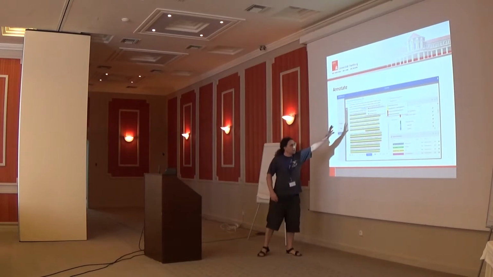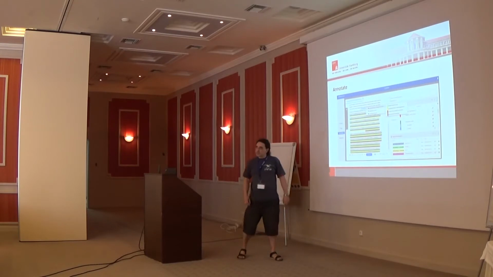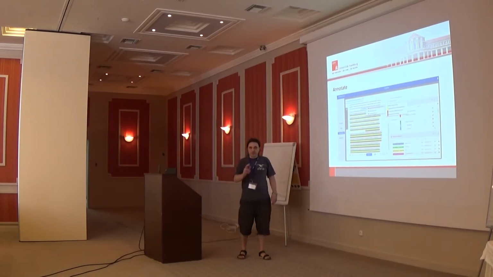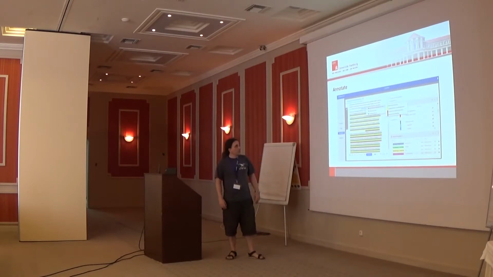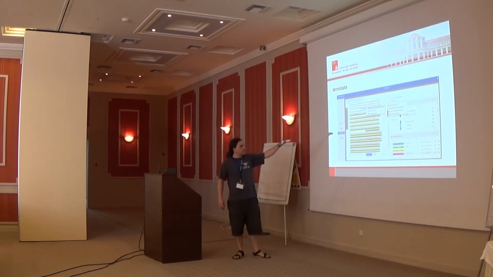So here's the text, which is currently at work, and the user just selects one or more sequences of text and applies a tag from the mouse menu to create an annotation, which is then displayed as a colored bar.